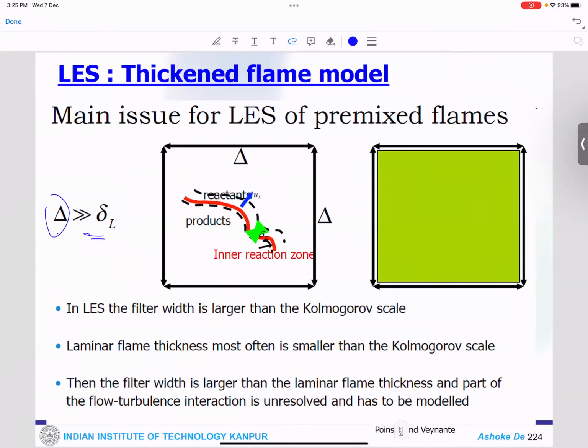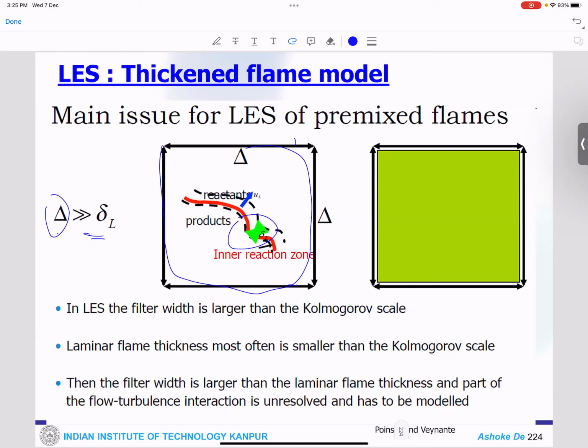If this is your filter size, the box here, and this is my flame front size shown here, you see it goes inside my filter size. That tells me immediately I won't be able to capture that flame front effectively.